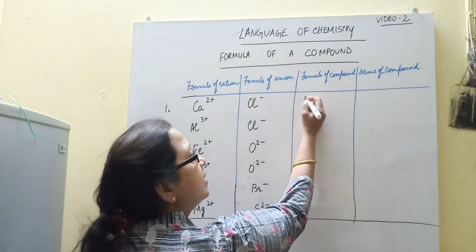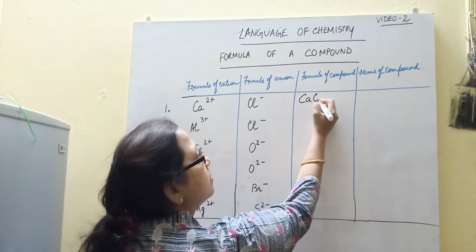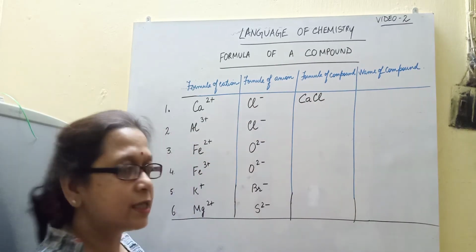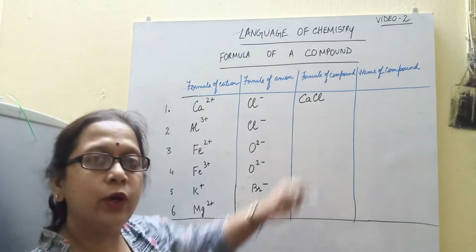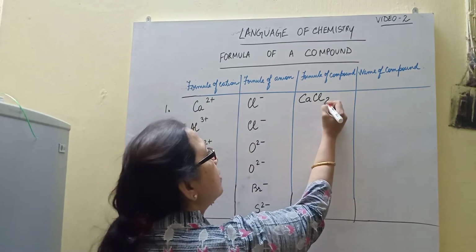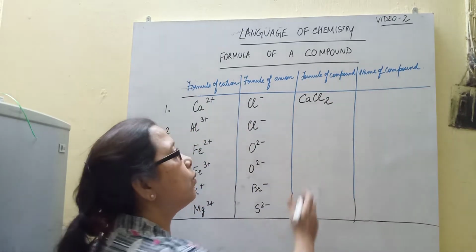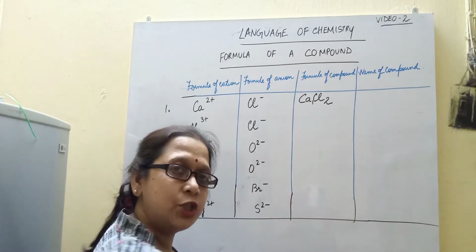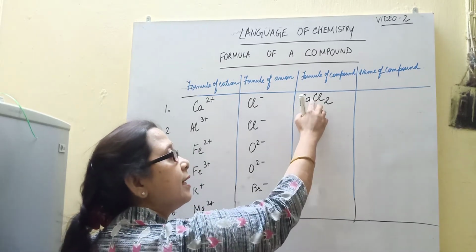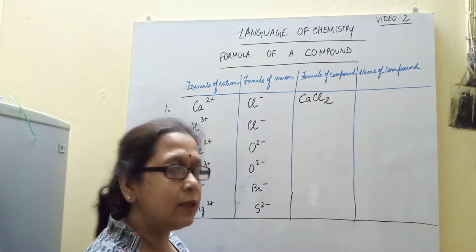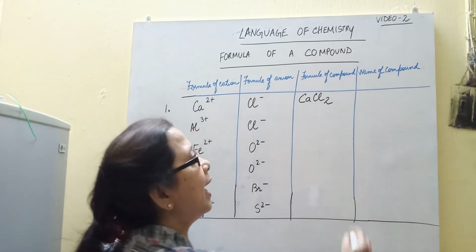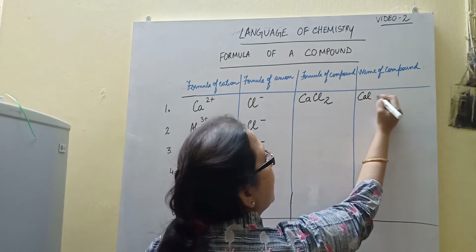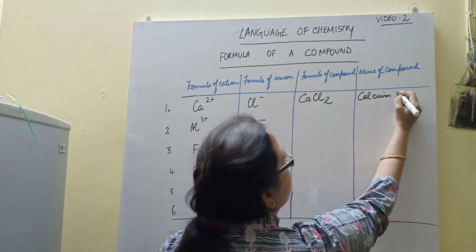Just as we had done, we will write the symbols of the elements first. Calcium's valency is 2, so it will go to chlorine, and chlorine's valency of 1 comes to calcium. But again, we don't write that 1, so the formula becomes CaCl2 and its name is calcium chloride.